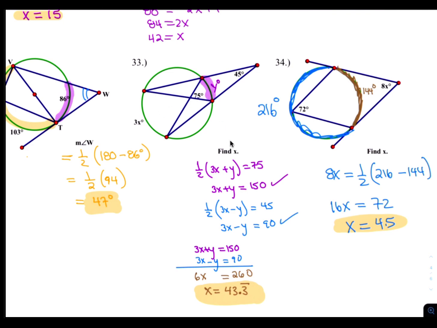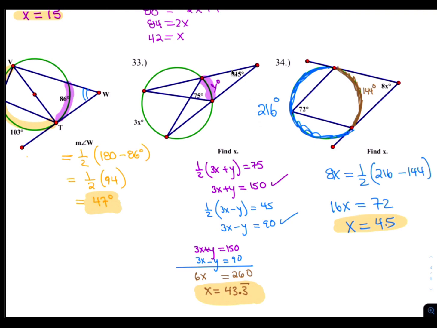So that means that 75 is half of 3x plus y. We set up that equation, and then we multiply by 2, and we get 3x plus y equals 2 times 75, which is 150.